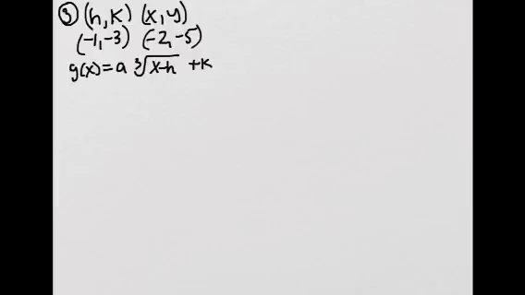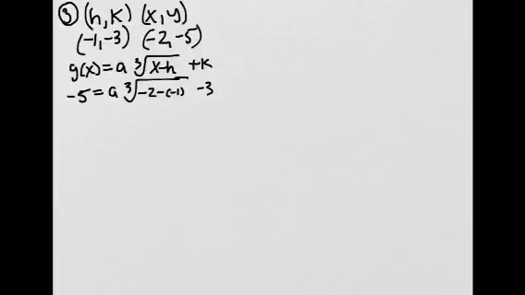Okay, so now with that, remember g of x is another name for y, so we're going to replace the g of x with -5. We're solving for a. X is -2, h is -1, so that means we're going to do minus -1, and then plus k, k is -3.